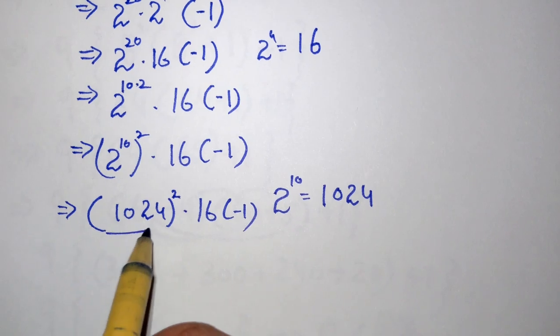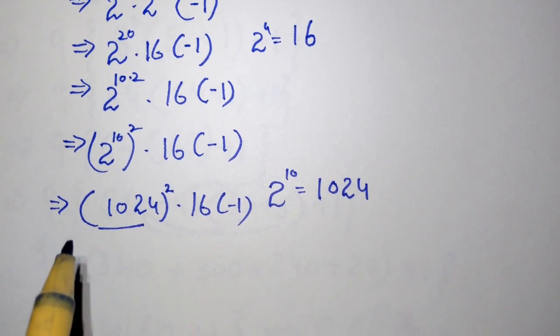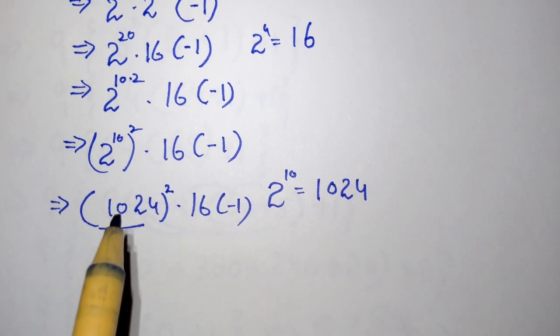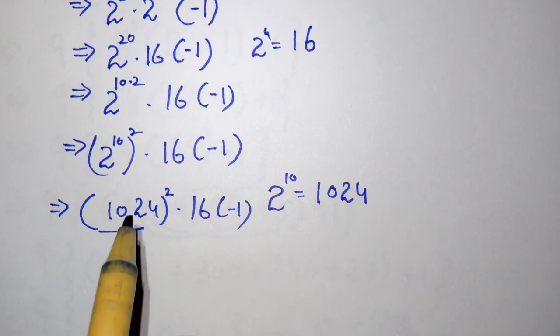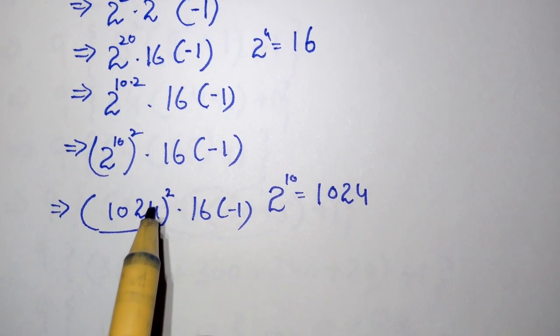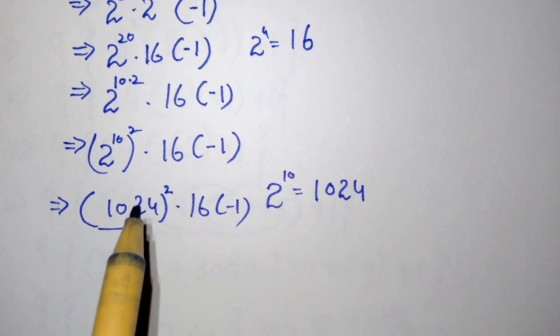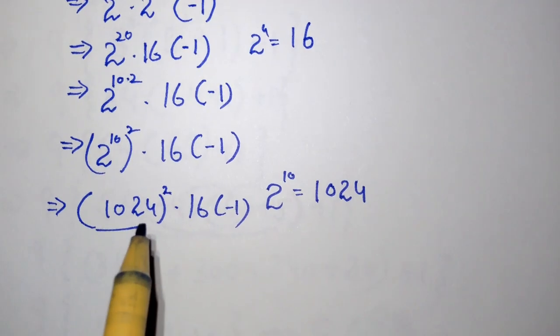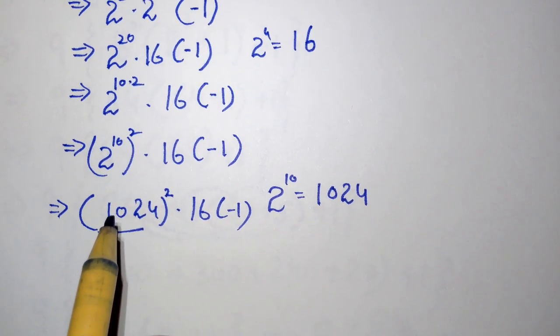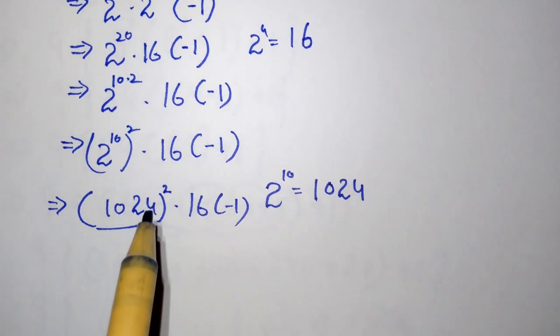Now we can simplify this by two methods. In the first method, we can write it as 1000 plus 24 whole square, and then apply the identity (a plus b) whole square. In the second method, we multiply 1024 with 1024.